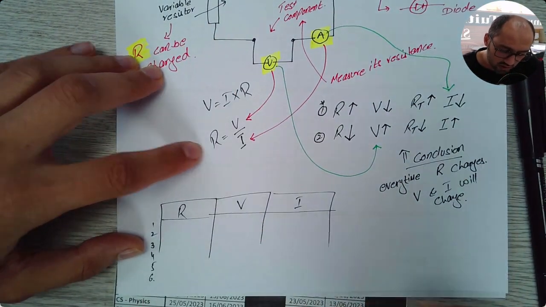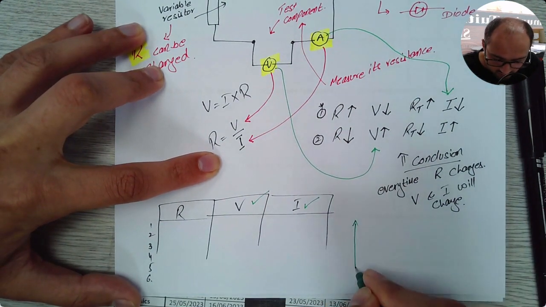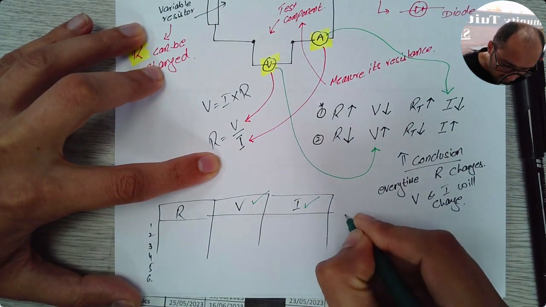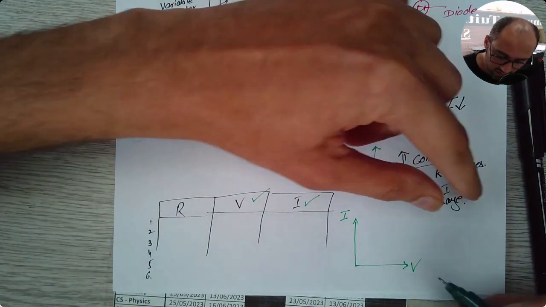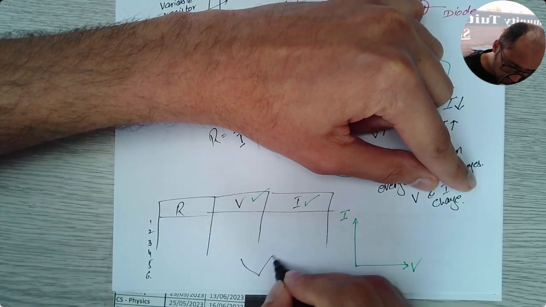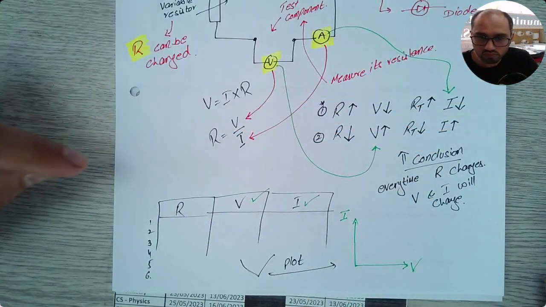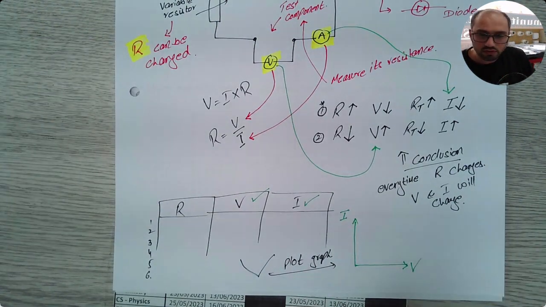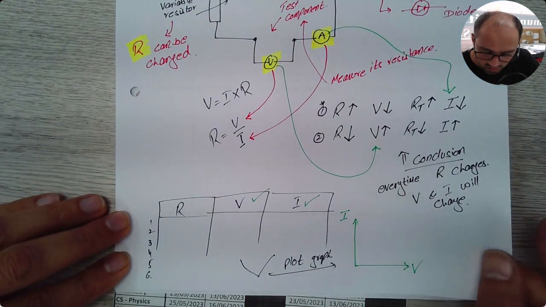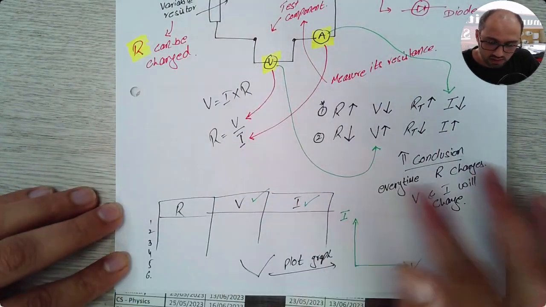So I'll record these 3 values, and I'll use these 2 to plot a graph of I against V. So from these 2 values, we plot the graph. Let's have a look at the types of graphs we can obtain from this data.